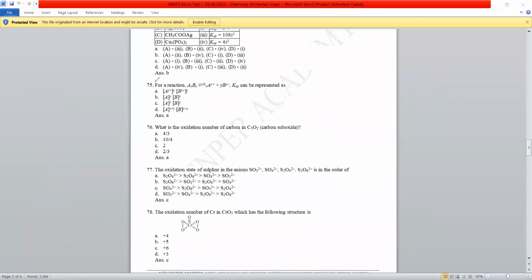Next, question number 75. For the 74th question, option B, students, just check that. Question 75: for the reaction AxBy on dissociation giving x moles of A to the power y plus and y moles of B to the power x minus charge, they're asking how the solubility product Ksp is represented.